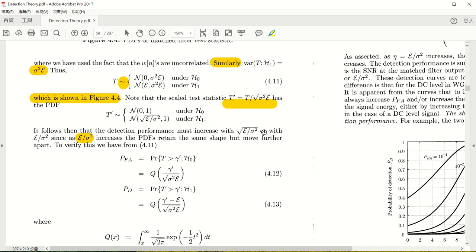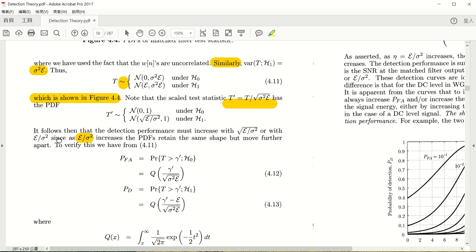So with this epsilon over sigma square, you'd like to increase this, meaning that you'd like to either increase epsilon, or you decrease sigma square. You decrease sigma square because it's in the denominator.